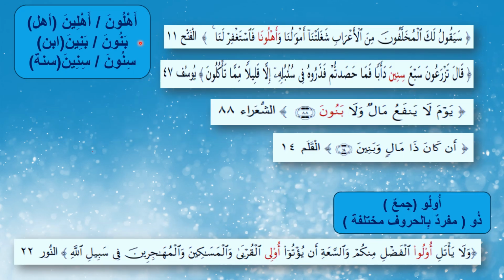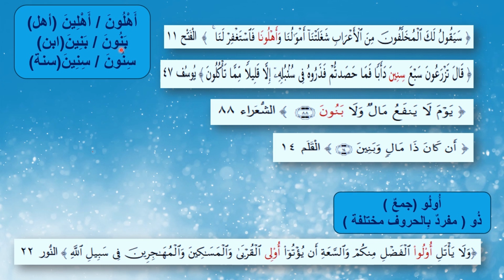Now another example is ahlun and ahleen, from the noun ahl. Ahl means family, and it is also made into Jama muzakkar by adding waw wa noon and ya wa noon. Banoon comes from ibn, means son, so it's also made into Jama muzakkar by adding the suffix waw wa noon and ya wa noon. And you can see the spelling of the noun ibn has been changed.